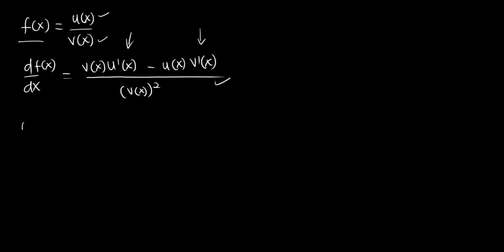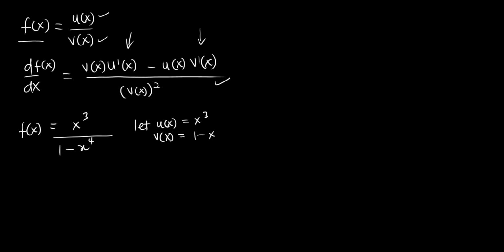Let's say you have f of x equal to x to the power 3 divided by 1 minus x to the power 4. We're asked to find the derivative of this function. The first thing you have to do is to let u of x be equal to x to the power 3 and v of x equal to 1 minus x to the power 4.